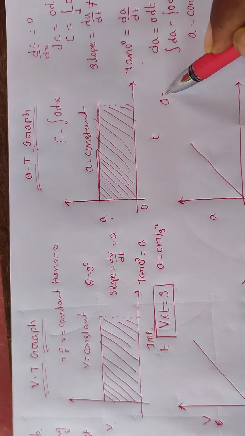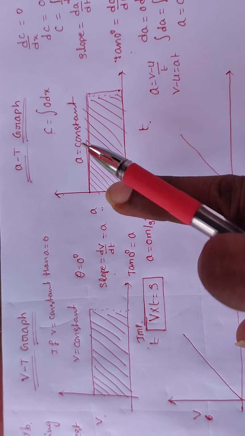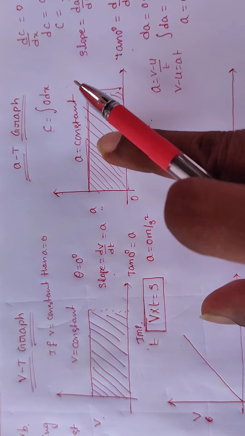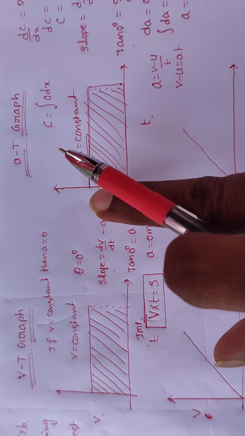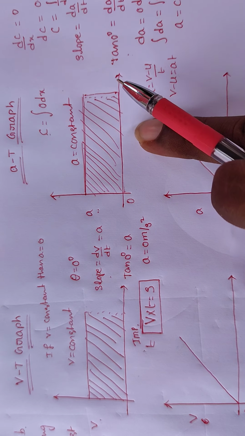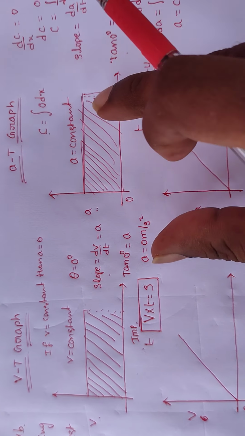Here length value represents t, breadth value represents acceleration. Yes or no? Now we have to find the area under the graph, so we get acceleration into time. Acceleration into time equals how much? v minus u.